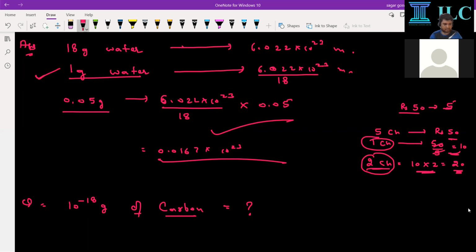It's carbon, so it's just 12, isn't it? 12 atoms. Oh wait, no. How can it be 12 atoms only? It's 12 grams. One atom of carbon is 12 grams.